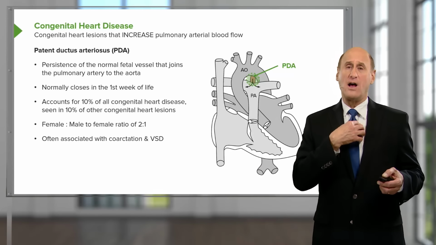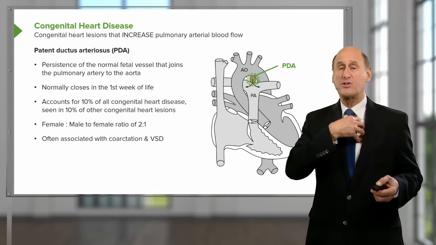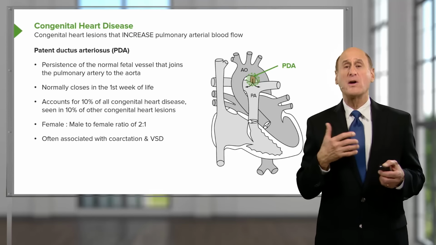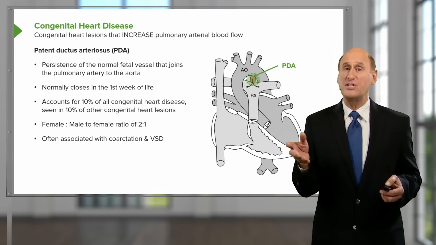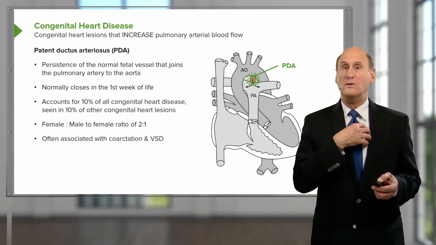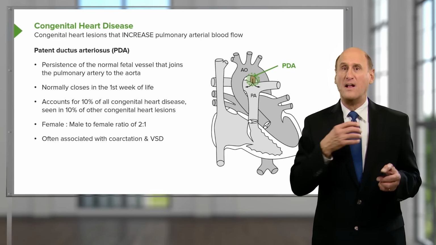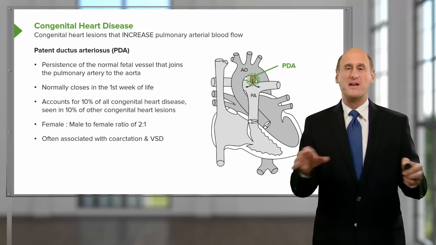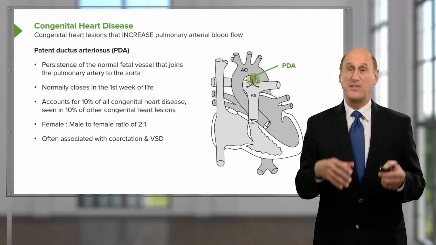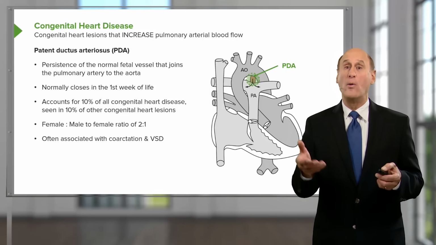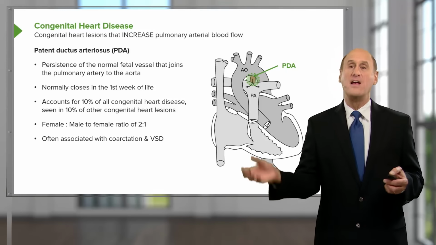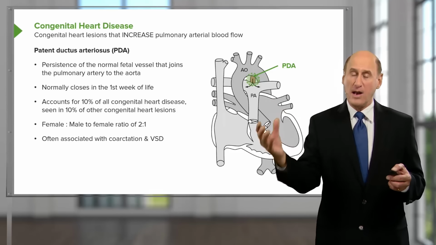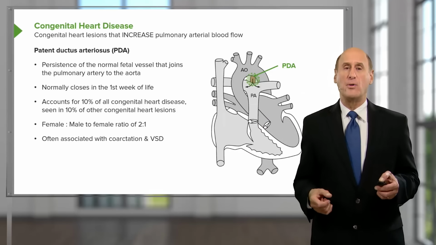So when you listen along the left upper border of the sternum here, what do you hear? You hear a continuous murmur that's a little louder in systole. It's a murmur that's very, very distinctive. When you hear it, you know immediately what you're dealing with. You're dealing with a continuous flow, both in systole and diastole, of red blood from the aorta into the pulmonary artery.